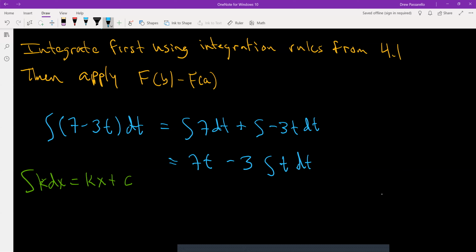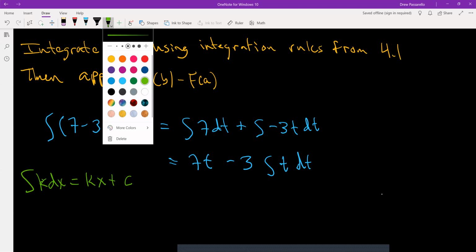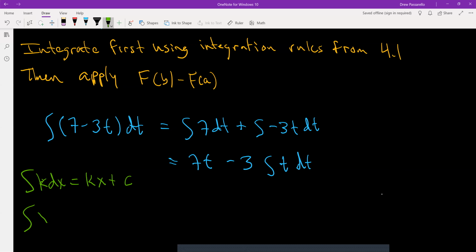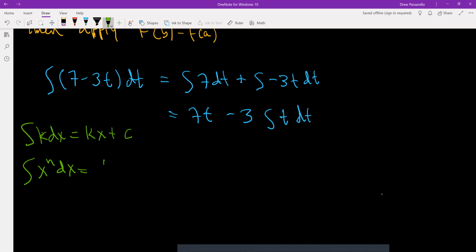Well, t is the same thing as t to the first power. So I integrate using this rule. You add 1 to the exponent and divide by that same thing. So it's 1 over n plus 1, and then x to the n plus 1. So this is going to be 7t minus 3 times t to the 1 plus 1 divided by 1 plus 1.